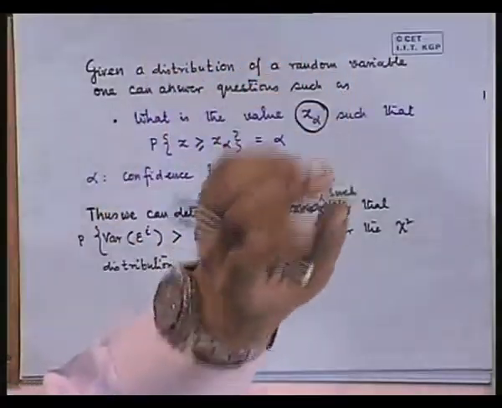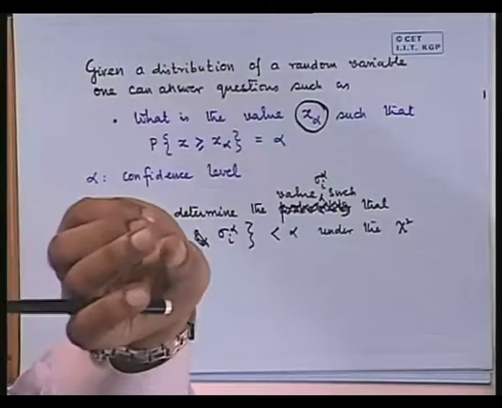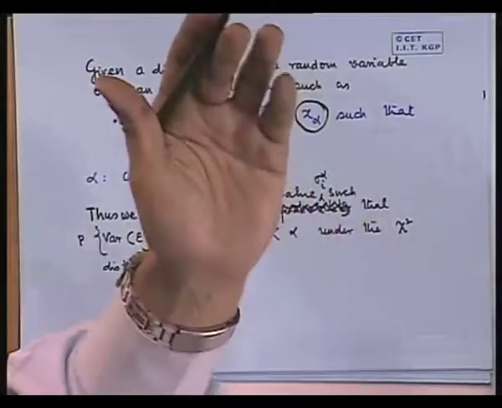And if that probability falls too low, if that probability becomes less than 10%, then you say that no, this hypothesis is wrong, because the chi-square distribution is calculated under that hypothesis. So this hypothesis led to a chi-square distribution which cannot generate this kind of a variance. When the probability is too low, my hypothesis is wrong. This is the kind of approach that you take.